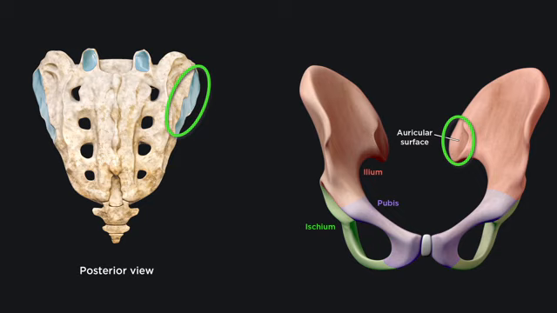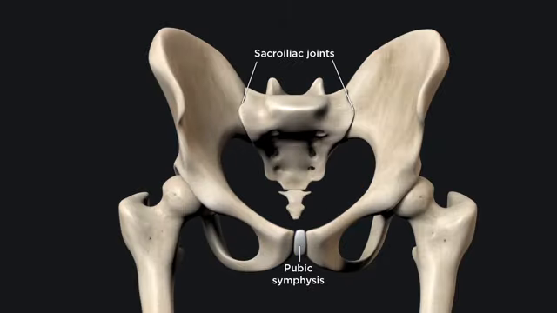Together, these paired auricular surfaces form each sacroiliac joint, supported by anterior and posterior sacroiliac ligaments. These joints are how the two hip bones and the sacrum form the ring-like structure of the pelvis that protects and houses organs of the lower abdomen and the pelvis.